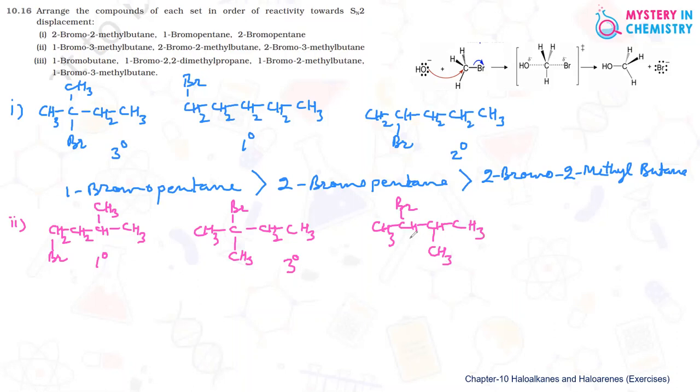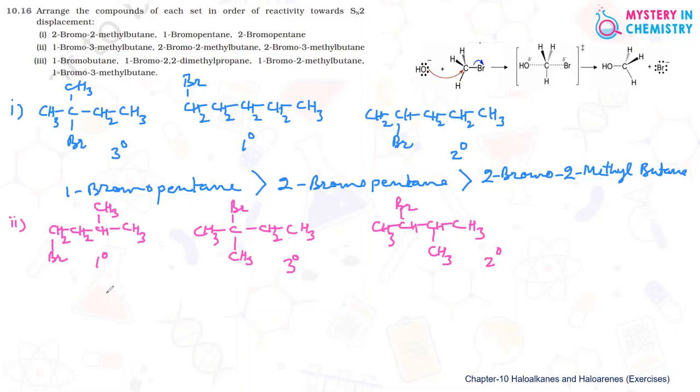In this compound, bromine is secondary. So here again we can say that primary reactivity is maximum, and after that secondary, and then tertiary.